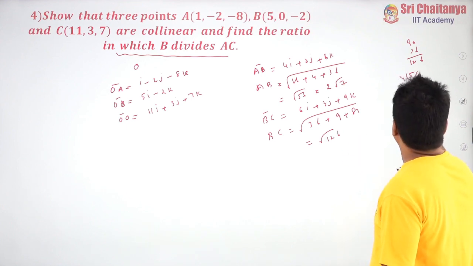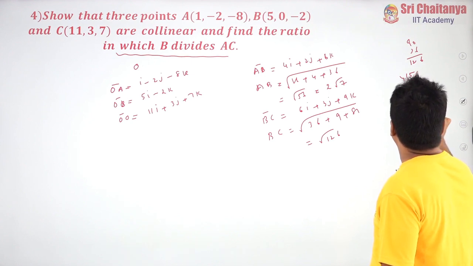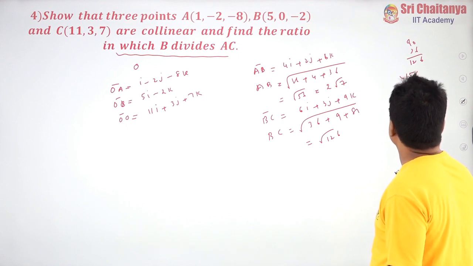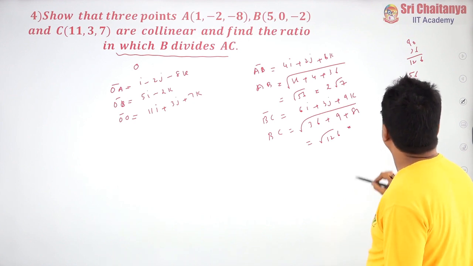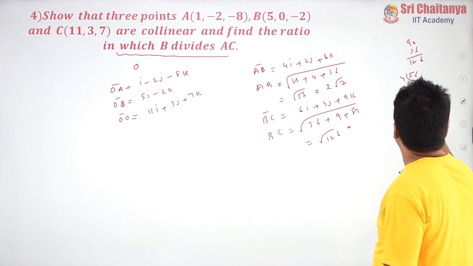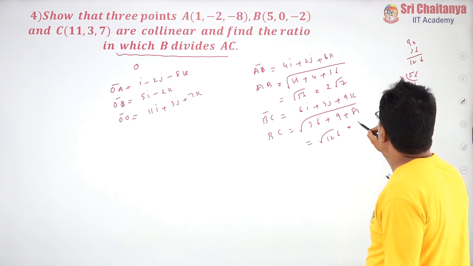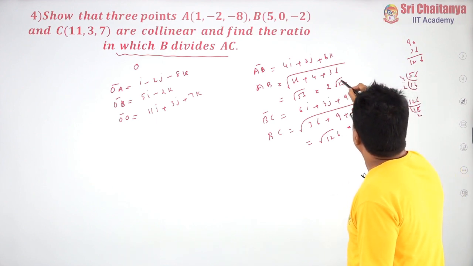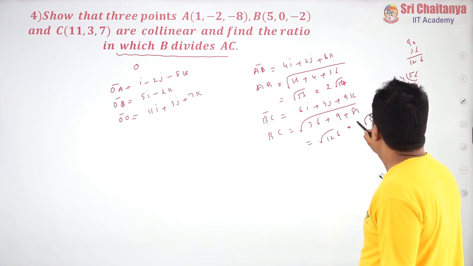Again I can write this as 126, 9 twos, so 3 root 14. This is 3 root 14.